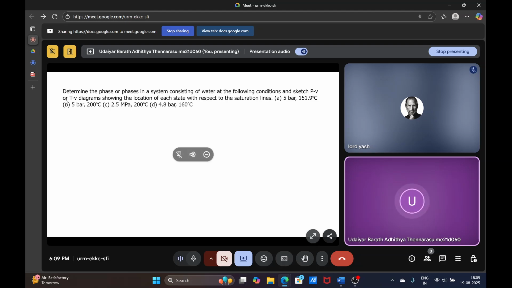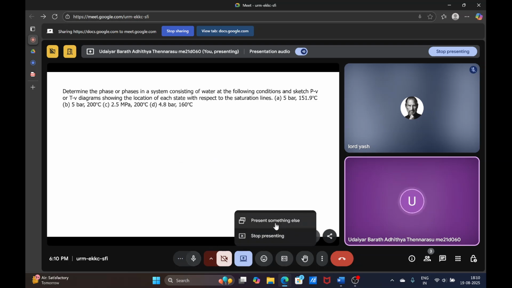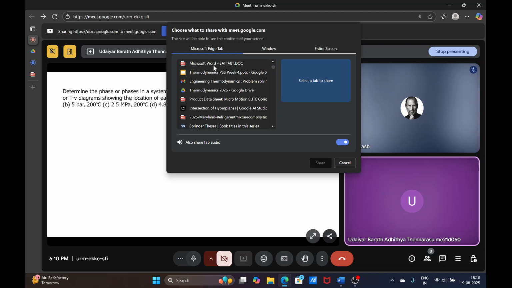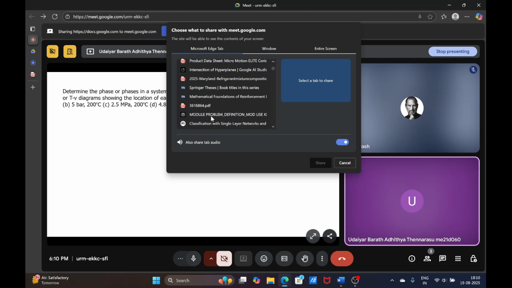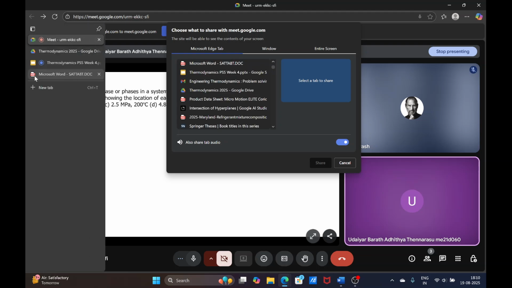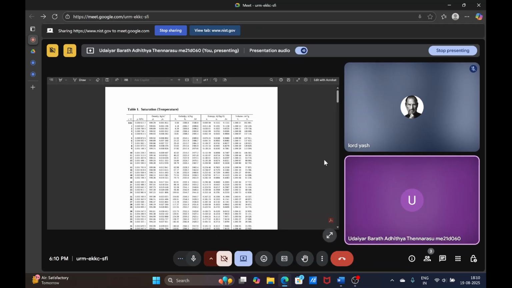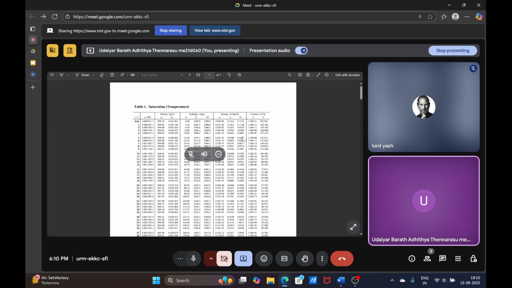What is asked is to determine the phase or phases in a system consisting of water at the following conditions and sketch it in a PV or TV diagram showing the location of each state. So first, at 5 bar and 151.9 degrees Celsius. I'll just share this.